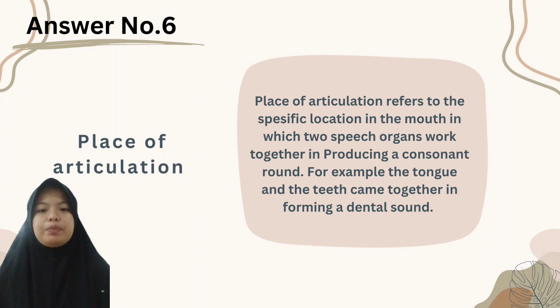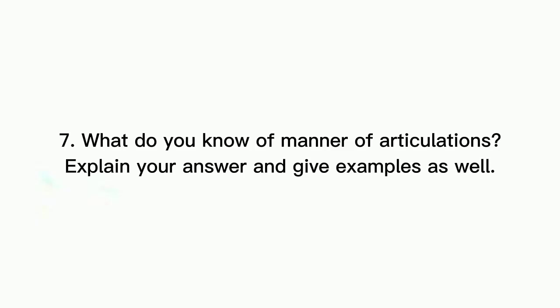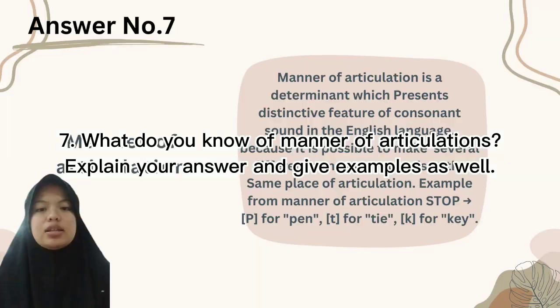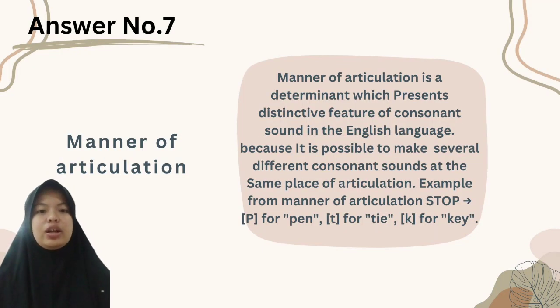Number 6. Place of articulation. Place of articulation refers to the specific location in the mouth in which two speech organs work together in producing a consonant sound. For example, the tongue and the teeth come together in forming a dental sound. Number 7 is manner of articulation.